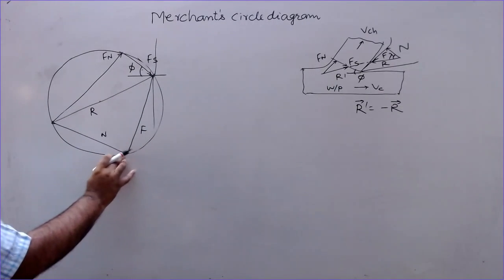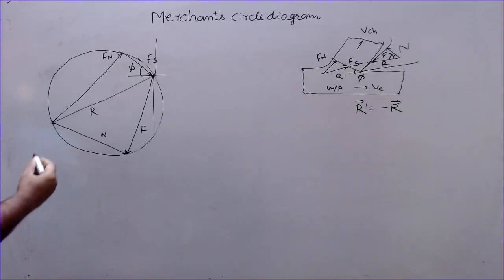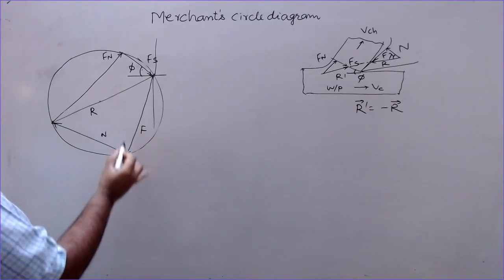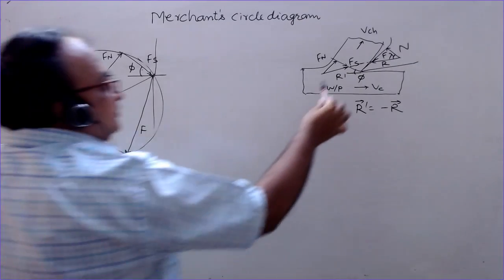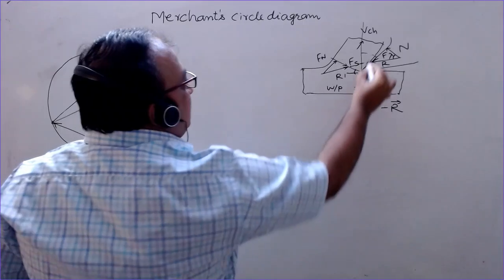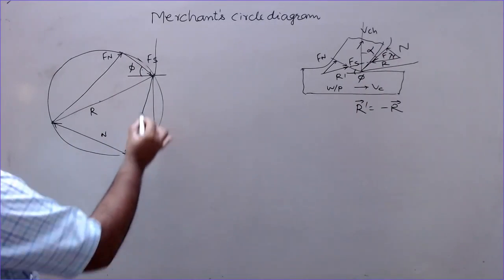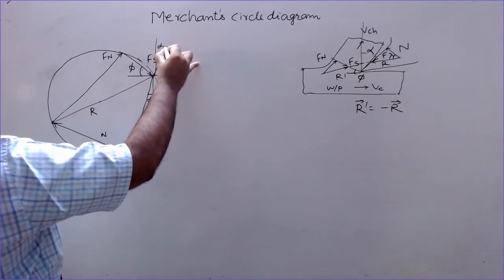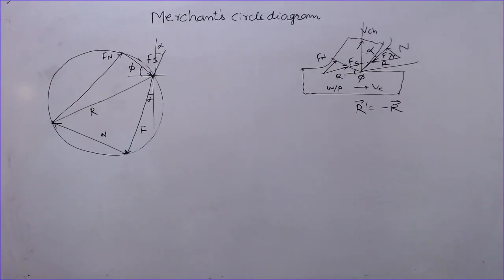F is in this direction and N is in this direction, and F is inclined. This is the vertical line. This angle is alpha. So F is inclined to the vertical at an angle alpha. This is also alpha, since the opposite angle is the same.